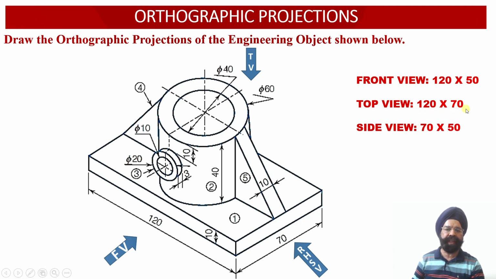Now when we look at the solid from the right hand side view orientation, we observe that the depth of the solid is 70 millimeter, while the height is equal to 50 millimeter. Therefore, the side view face of the solid will bear 70 millimeter depth and 50 millimeter height. Let us proceed to evaluate the orthographic projections of the solid.